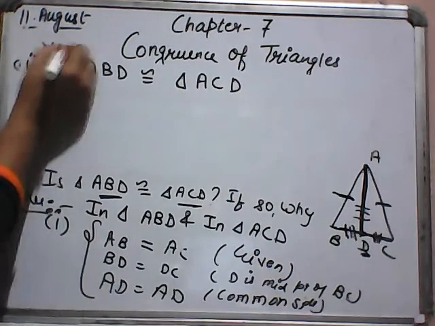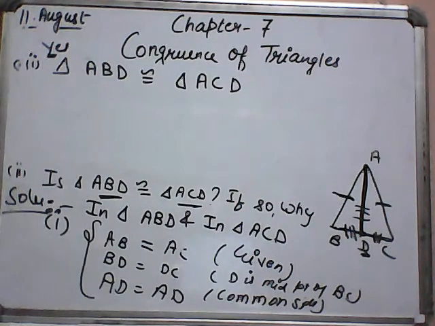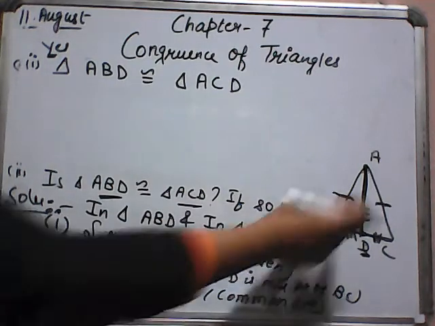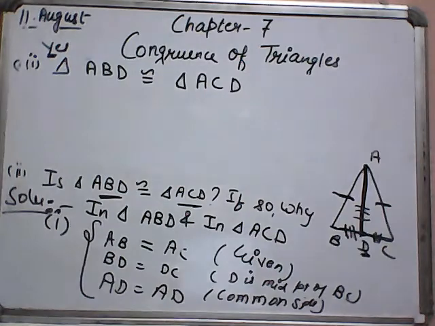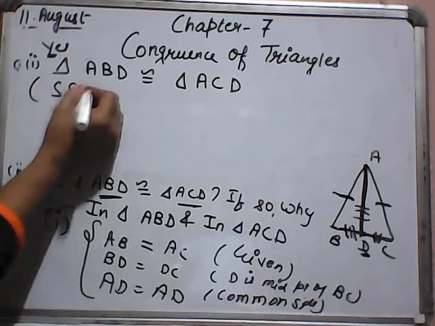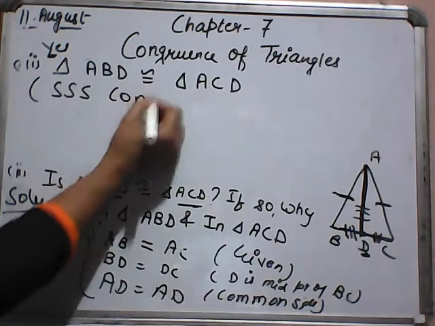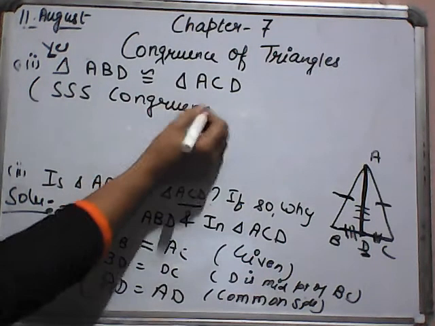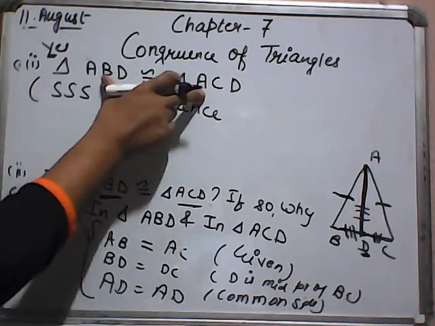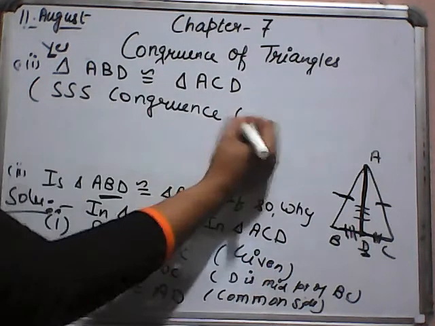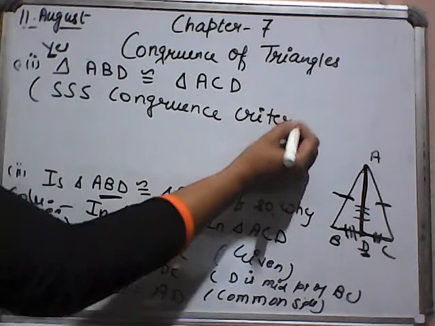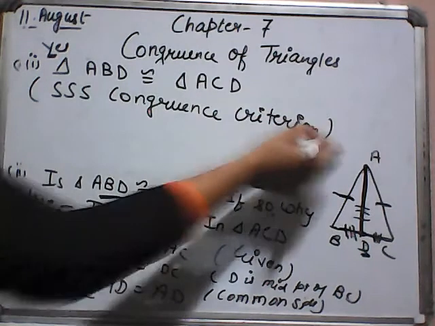Why? Because three sides of one triangle are equal to the corresponding three sides of another triangle. By which criteria? By side congruence criteria. You have to mention by which criteria these two triangles are congruent. By side congruence criteria, these two triangles are congruent to each other.